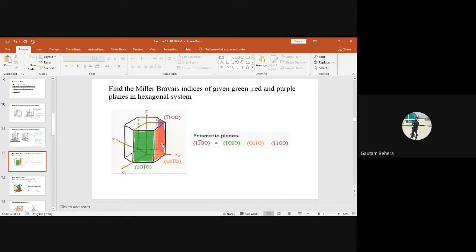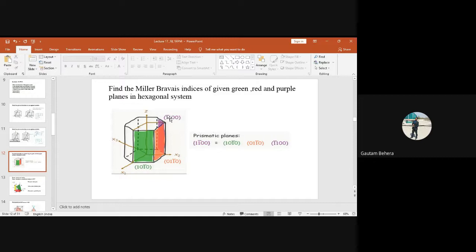Then finally, the purple one. Just have a look. If you move in the negative direction of the x1 axis, it will intersect this purple plane by 1 unit magnitude in the negative direction, so it will be 1 bar. Similarly, this plane is intersected by x2 at 1 unit magnitude in the positive direction, so it will be 1.